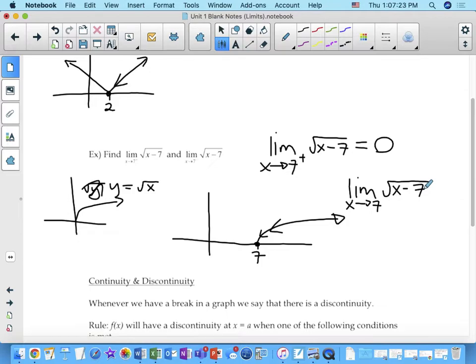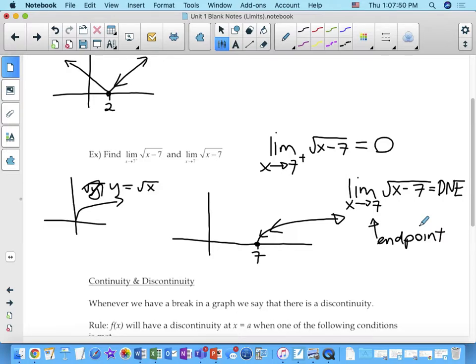Why not? It's an endpoint, yeah. So for the limit to exist, it has to come from both sides. Okay? This is an endpoint.